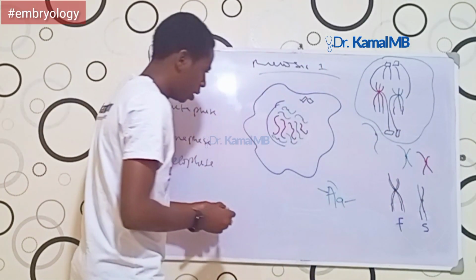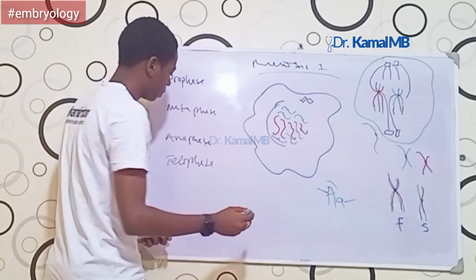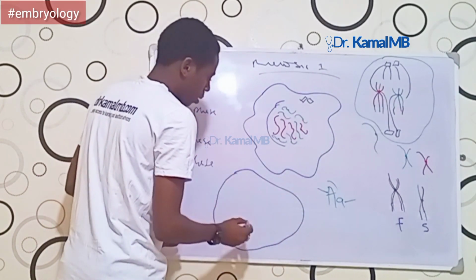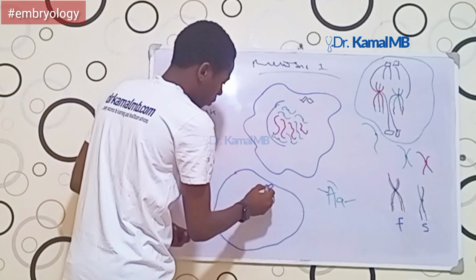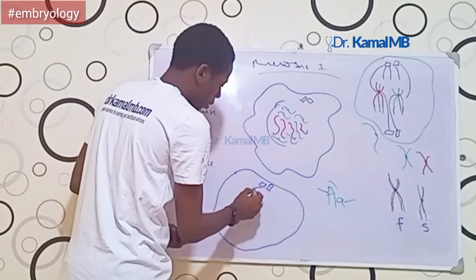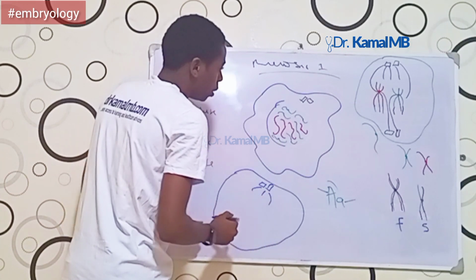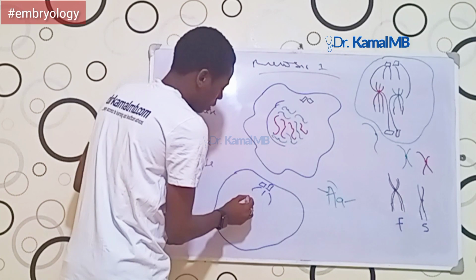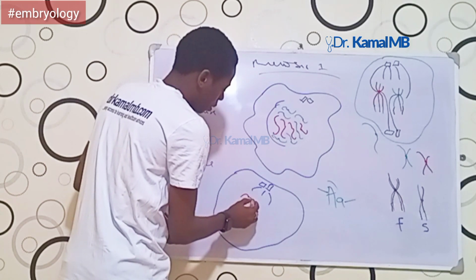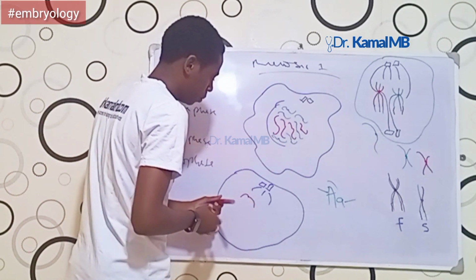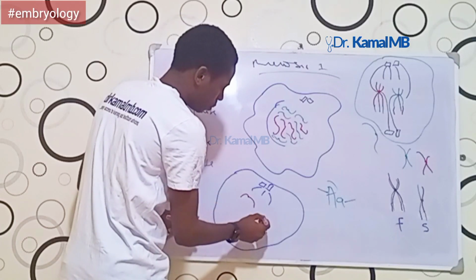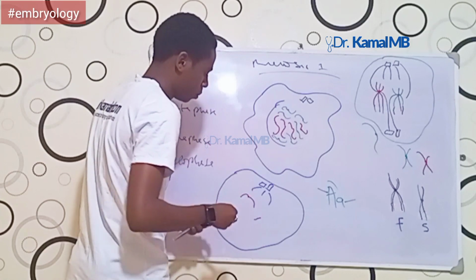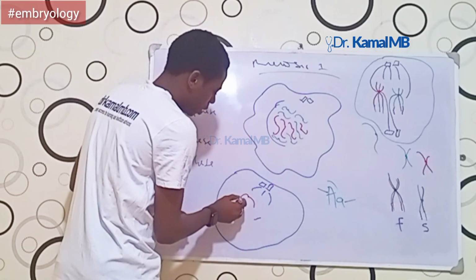So in the next cell, it will resemble like this. This is the centrioles. And then this is the chromatid. This is the chromatid.